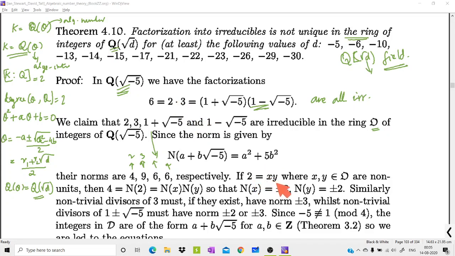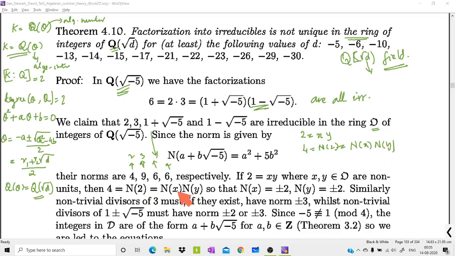If 2 is equal to x into y, where x, y belong to O, we will prove that this is not a proper factorization. If 2 is equal to xy, then 4 is the norm of 2, so 4 can be written as N of 2, and N of 2 can be written as N of x into N of y.